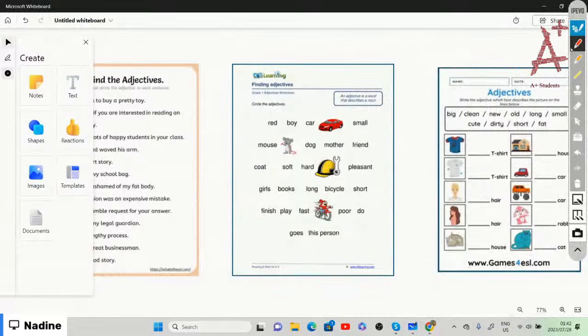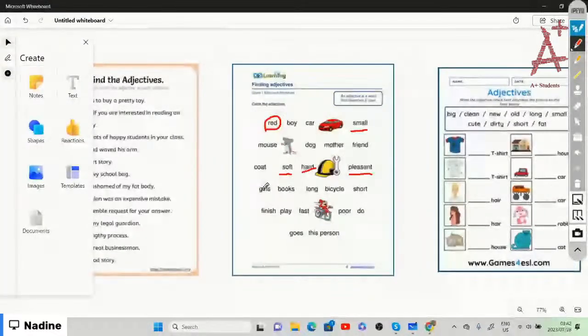All right. So if we look at the word red, then we can identify red as being an adjective. Why? Because red can tell us what kind. It's a red car, right? Small can also describe, small or big. Soft, or we can say it's hard, right?